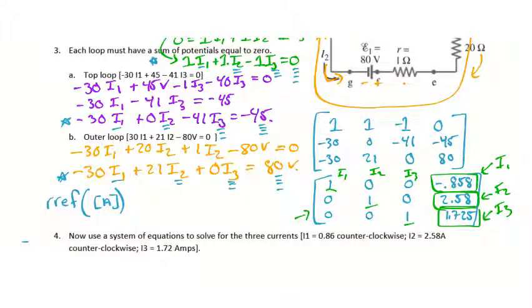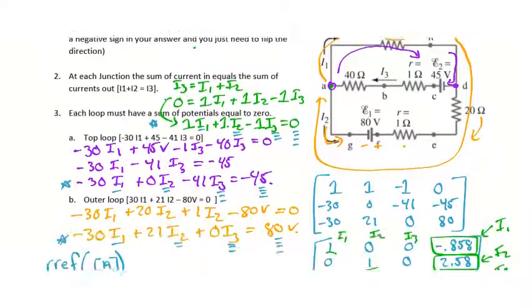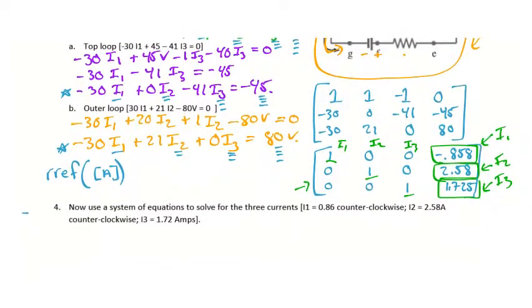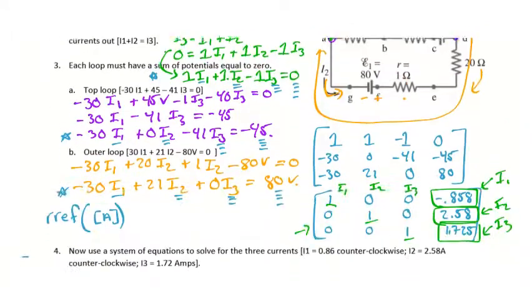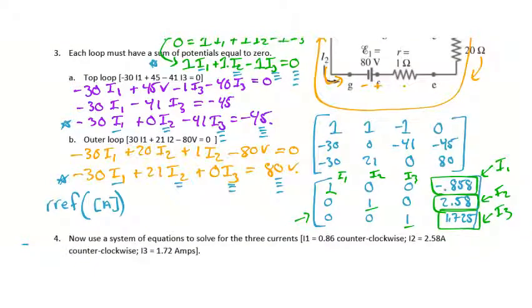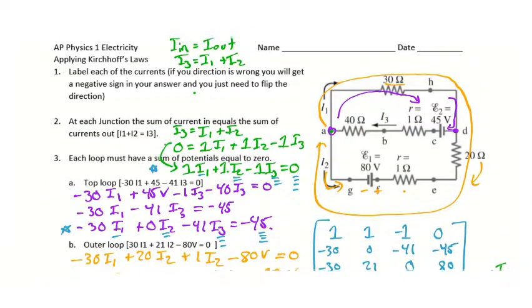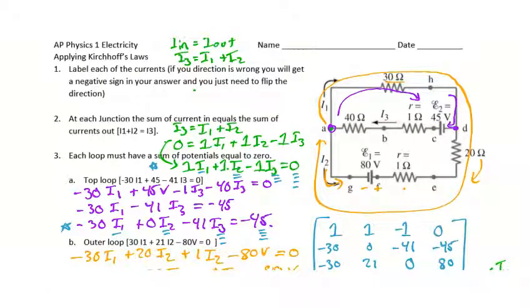So now what we need to do is interpret our system of equations. So you'll notice that our I1 was negative. And if it's negative, it simply means that it doesn't match the way it was drawn on the picture. So I1 is negative. Let's go up and look at our picture. We said in our picture that I1 was drawn clockwise.